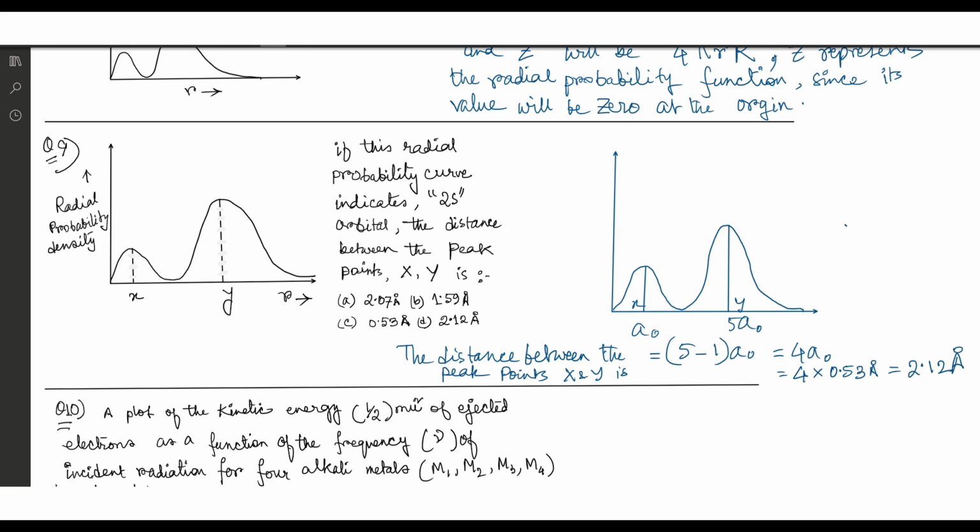So our option is D. This is option D. Understand? It will be option D.